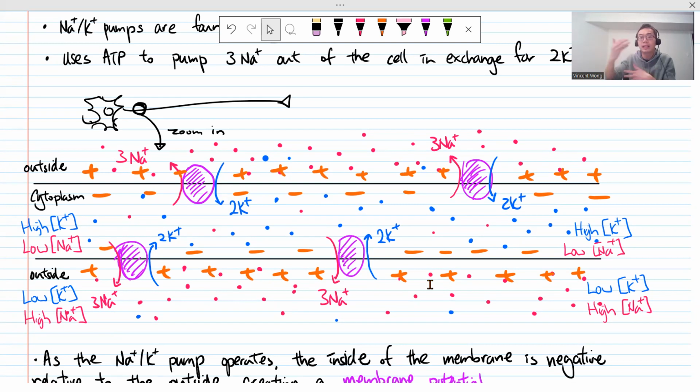That's why we're creating this membrane potential. If there are holes along the membrane, then all these things will just go back to equilibrium, back to balance. But because they're separated, and the sodium potassium pump keeps pumping them against their concentration gradient, we create this uneven distribution of ions. And this uneven distribution creates the membrane potential.